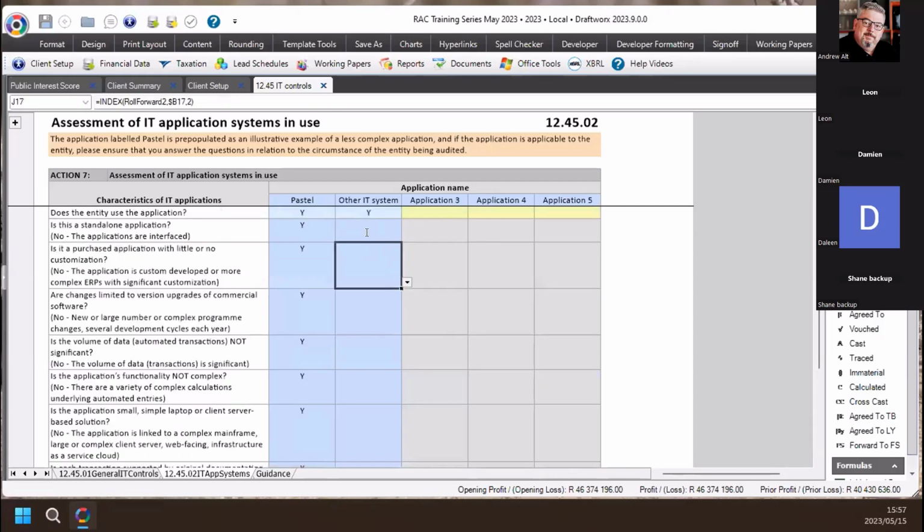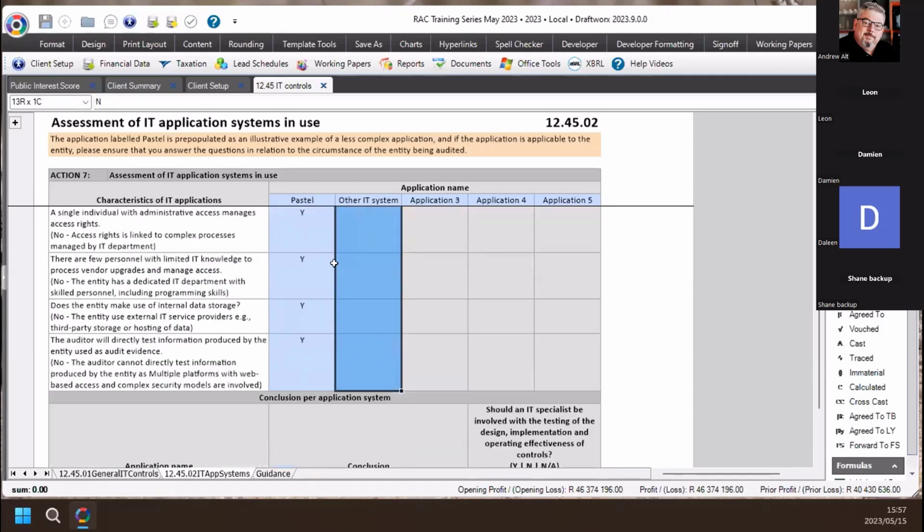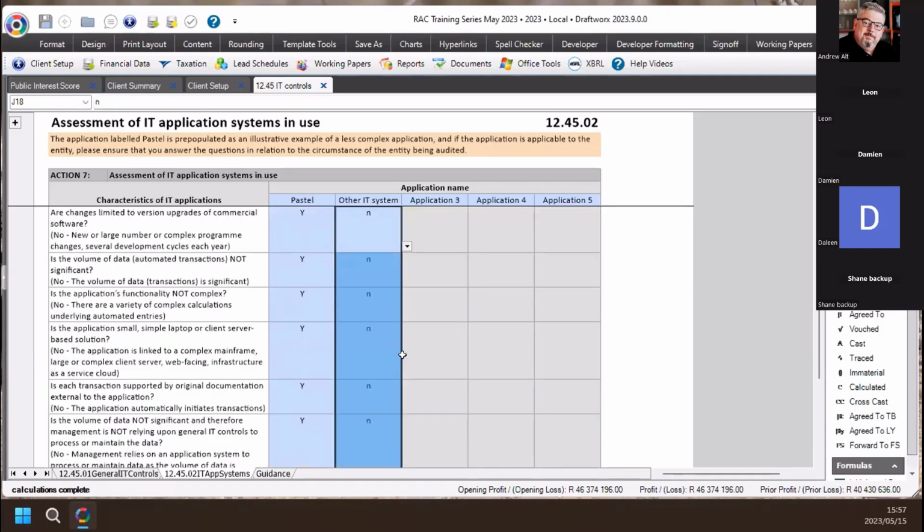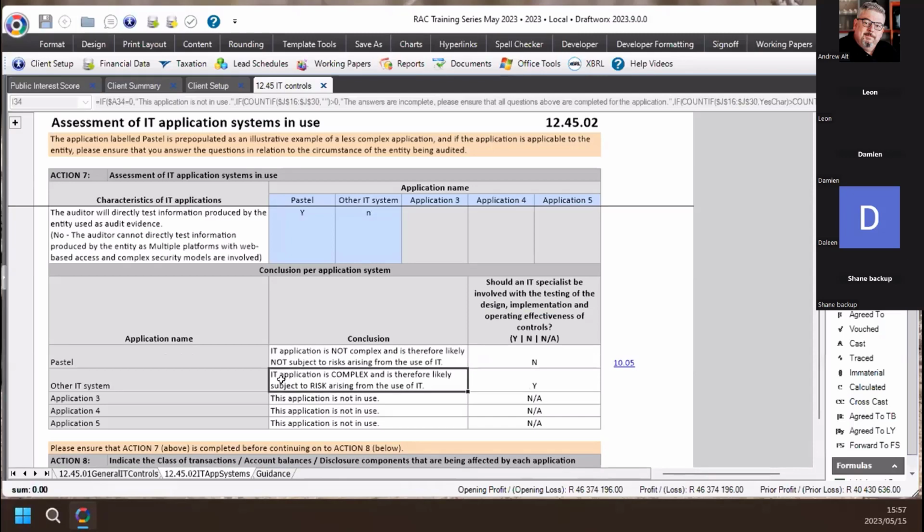And so I just want to put in a few no's here. I think that'll give me the answer I'm looking for in terms of this being a complex system. There we go. The application is complex and therefore likely subject to risks arising from the use of IT. And so I should consider the use of an IT expert when I'm dealing with this.